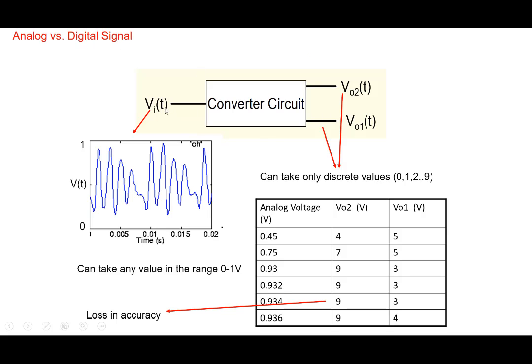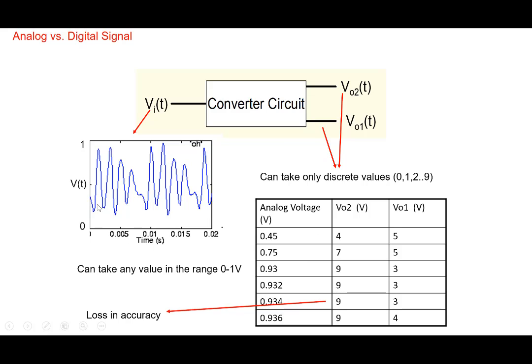Note that when we are converting analog to digital, we'll always have a loss in accuracy. No matter how many digits I take, there would always be something that I would be ignoring. If I take a 3-digit number, I would be ignoring the effects of the fourth decimal place. So there's always a loss in accuracy.